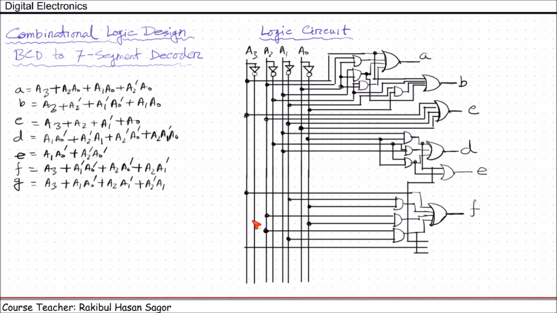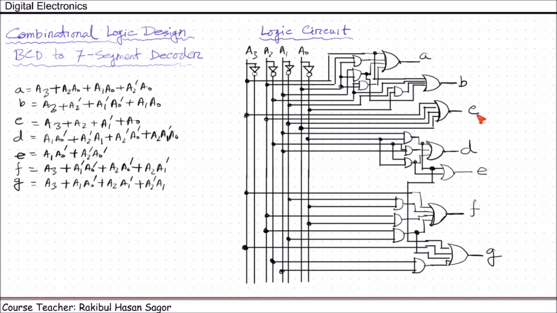Finally, A2 prime, A1. They will pass through AND gate. They are connected here. All these outputs will pass through OR gate and we'll get G function.